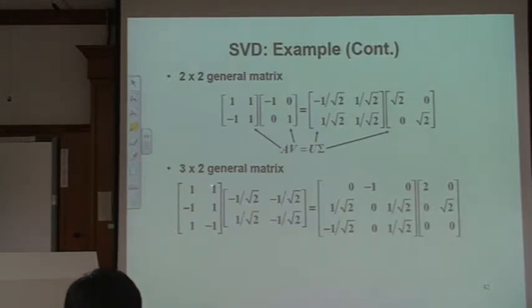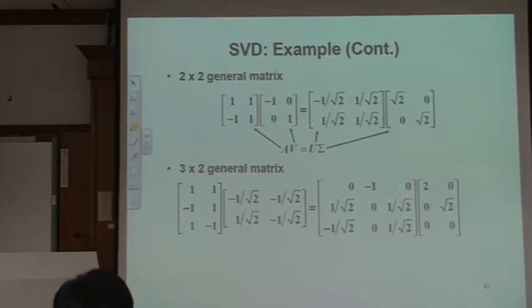The rest are also other examples here. If we have a 3x2 general matrix, because this is not a square matrix, the number of equations is larger than the number of unknowns. You can think about it this way. So in this case, this A matrix here, this is the V matrix here and the U matrix here. So finally you can decompose this matrix like this.